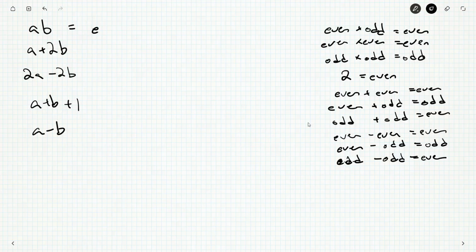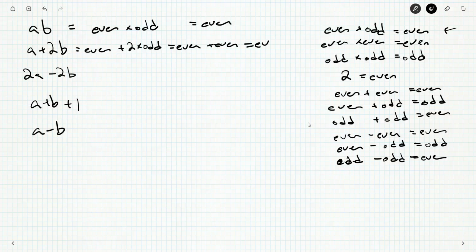But we know A is even, so this one here is even times odd, but that's the very first thing we talked about. This is even. Okay, well, how about even plus 2 times an odd? But 2 is even, and even times an odd is even, so this is an even plus an even. Even.